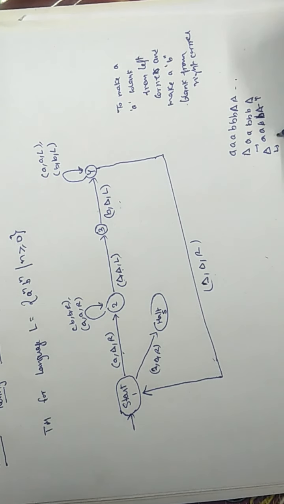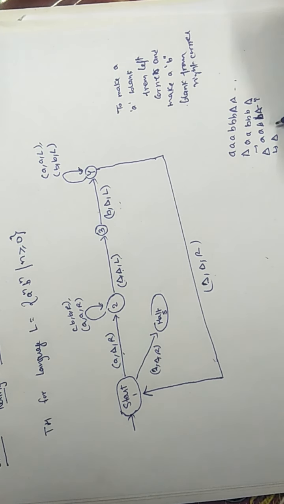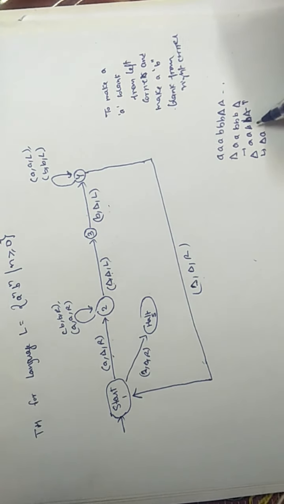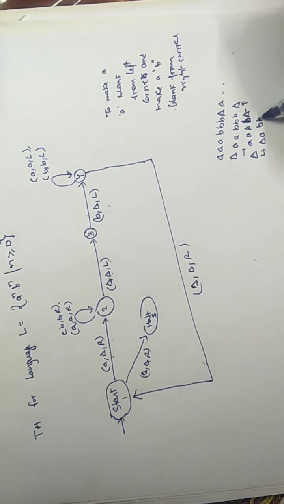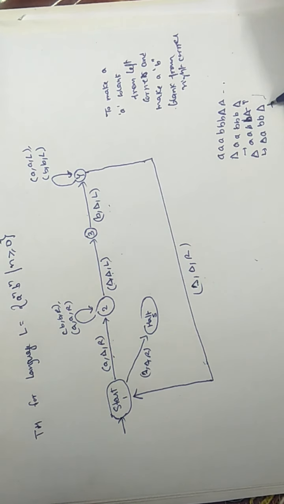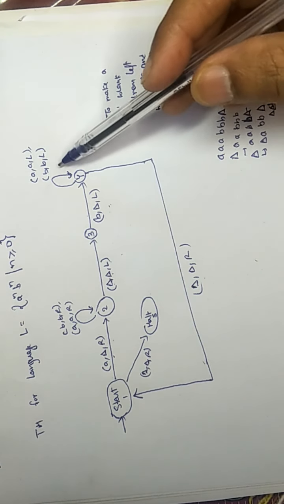Now this is A, making this A blank here, then reading more A's, then reading B's, reach this corner, then move to the left, we will get B and convert this B to blank here. Now again we get more B's and more A's.